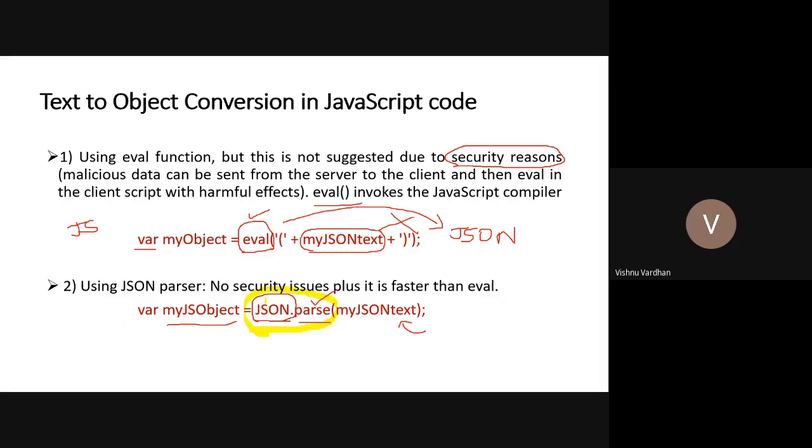If you are using this method, there are no security issues, plus it is faster than the eval method, because eval comes from the JavaScript family, but JSON comes directly from the browser. With eval, the browser first has to talk to the JavaScript parser, then it will invoke the eval method, then you pass your JSON text.